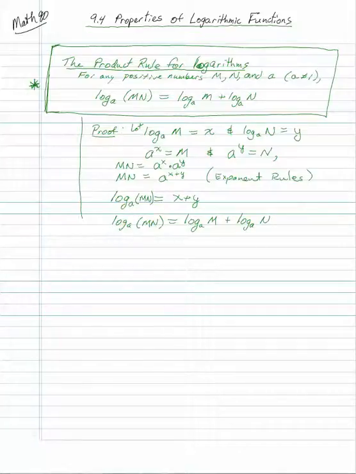So that's the proof of that rule. That's where it works. So really, it's exponent rules just kind of disguised. You don't really realize that you're doing it that way.